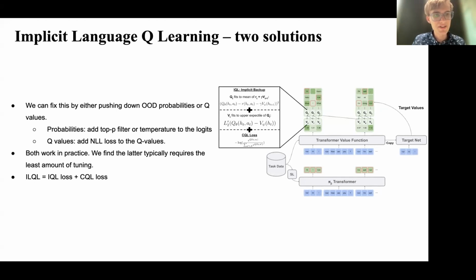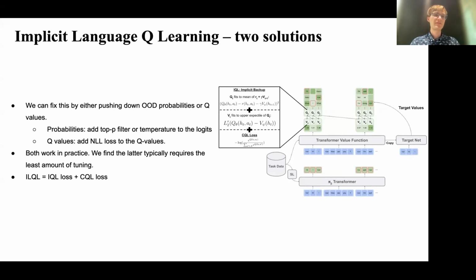It's a bit weird, but it actually turns out that one of the most popular offline RL methods, conservative Q learning, basically does this. Adding this negative log likelihood term is equivalent to conservative Q learning, which is a theoretically very sound offline RL method for Q learning. So it's entirely valid to do this. It's not just a hack, essentially.